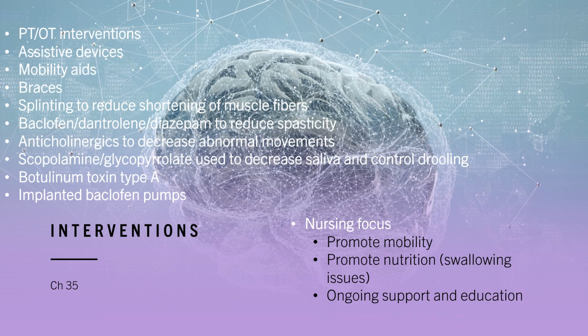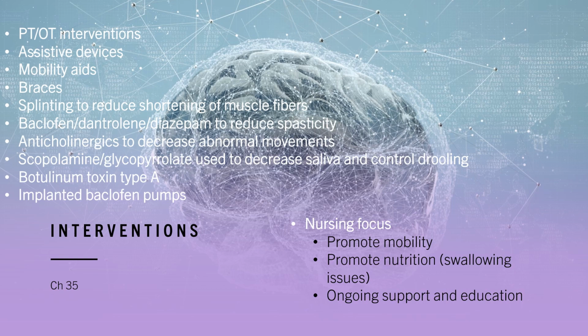Because in a patient, let's say that they're bedbound and they have a constant drool, that's going to lead to skin breakdown, increased infections, dental problems like cavities, and also for somebody who's just out in the world, they really don't want to be drooling all over the place, because that's just another thing for society at large to hold against them. So we will give those medications to try to decrease it.